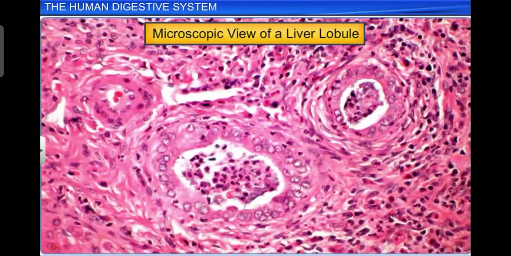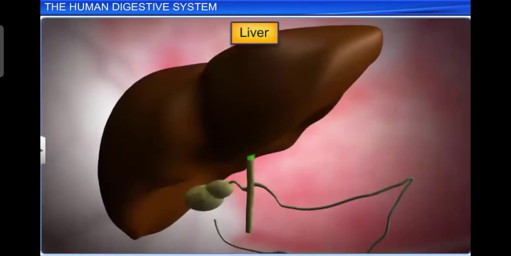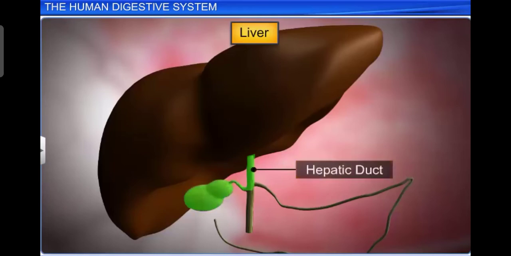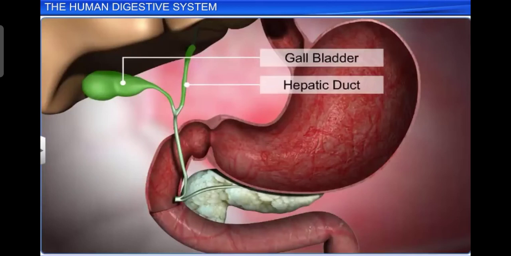Each lobule is covered by a thin connective tissue sheath called Glisson's capsule. The bile secreted by the hepatic cells passes through the hepatic ducts and is stored and concentrated in a thin muscular sac called the gallbladder.